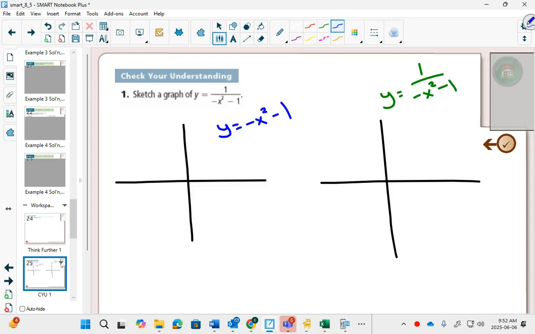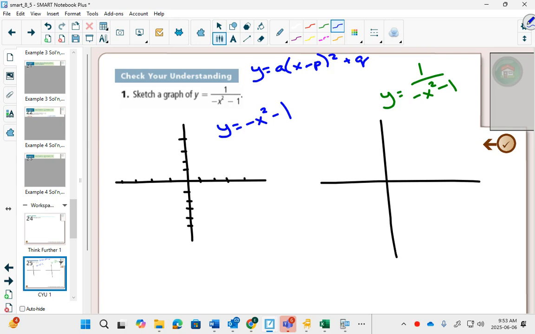So in blue, is this in vertex form? It is. What is the vertex? Just a reminder, as we get ready for the exam, what is vertex form? It's like this, right? Where P and Q are your vertex. Can you see the Q is -1? It's squared, but there's no number for P, so P would be 0.